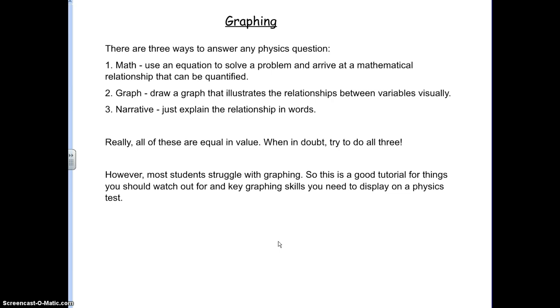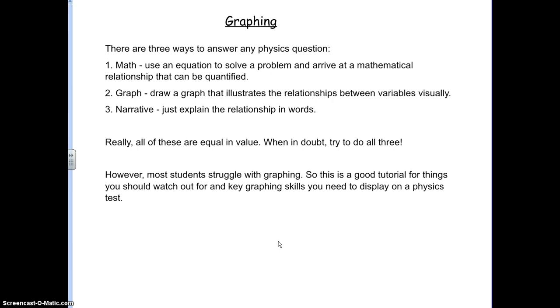One of them, and probably the most popular way, is using math. That's when you come up with an equation and you arrive at a mathematical relationship that can be quantified. What makes this one my favorite, and most physics teachers' favorite, is that it's universal.